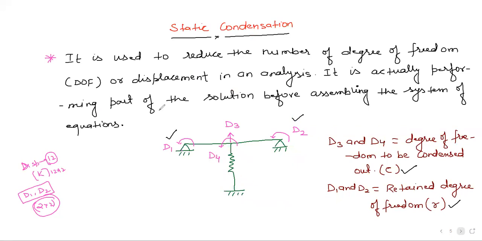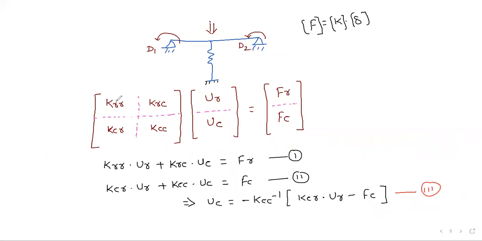Now KRR, what does KRR mean? KRR means the stiffness of the retained degree of freedom due to the retained degree of freedom. Suppose we label the retained degrees of freedom as 1 and 2, and there will be 3 and 4, which are the ones we have condensed.